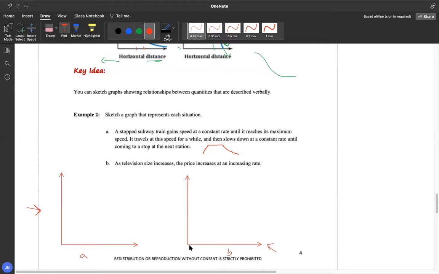So first thing we'll have to do is, Julia, you have this side, the speed side, so speed and time. And then Alina, you have this one, and this will be price, it looks like. And this is TV size.